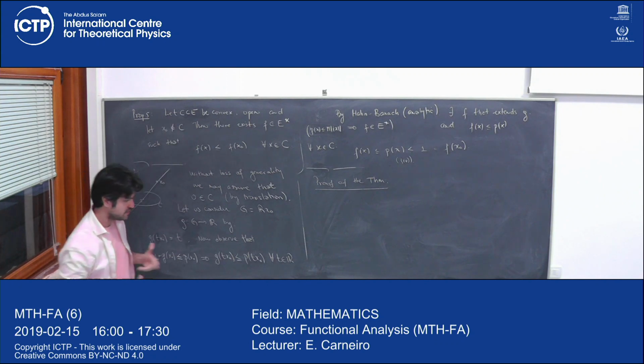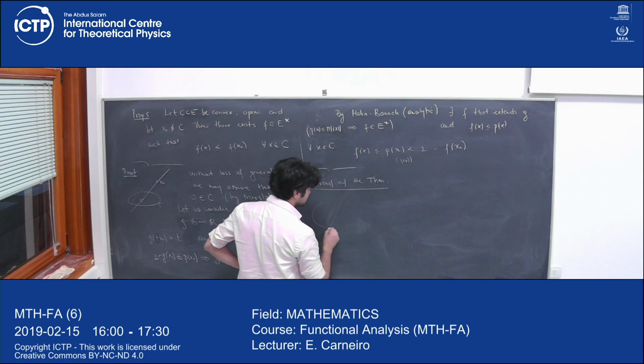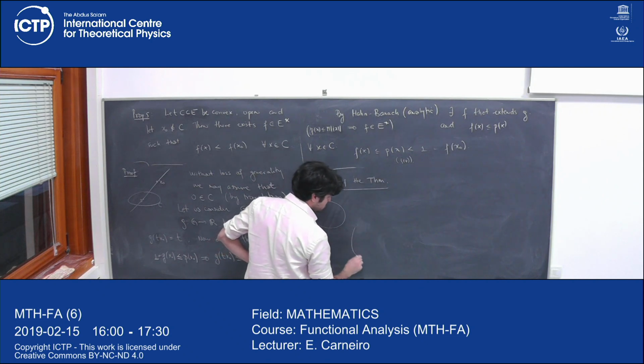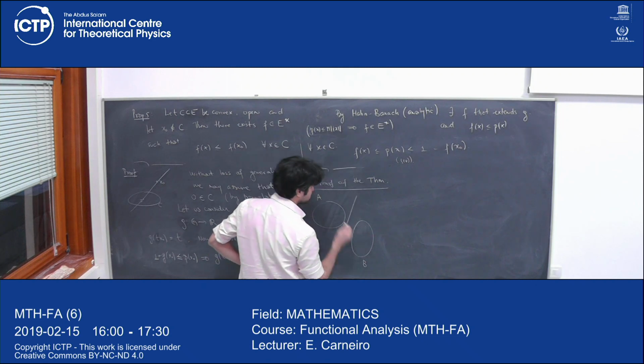Here's the state. Now let's go back to the general situation where we have two convex sets, A and B, and A is open.